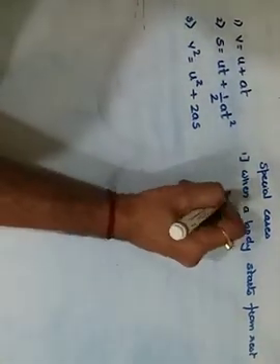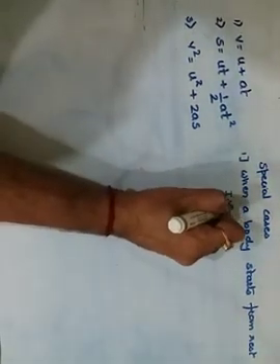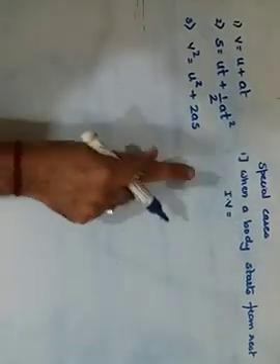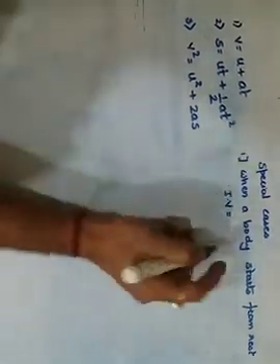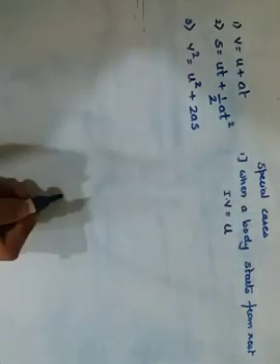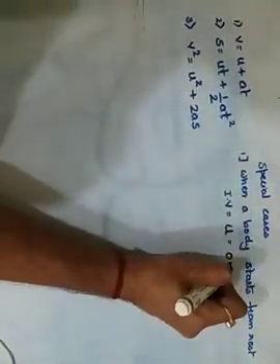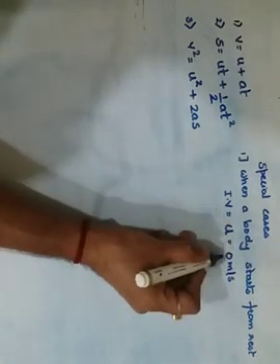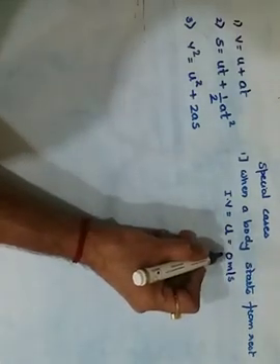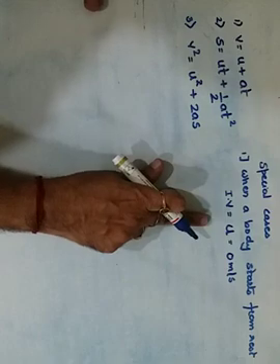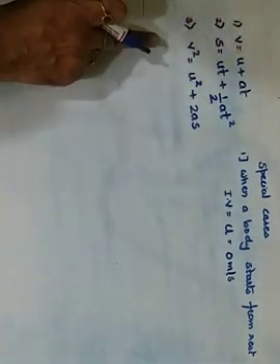If the body is starting from rest, can I say your initial velocity? Children, what is initial velocity denoted by? Sir, it is denoted by u. Okay, u, that means u will become 0 meters per second. Value of u is 0. Let us substitute the value of u as 0 in all the 3 equations.